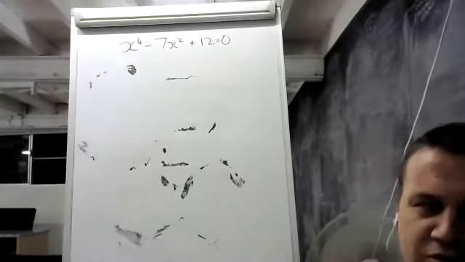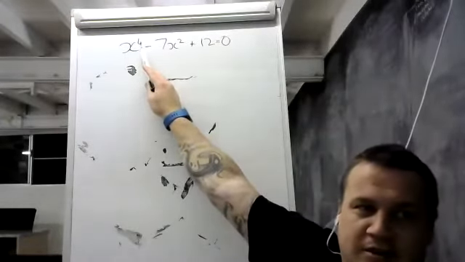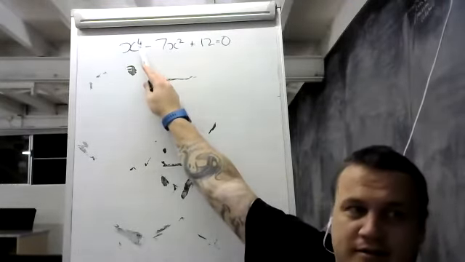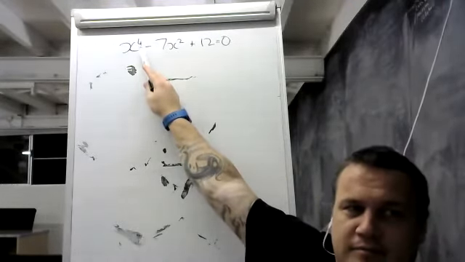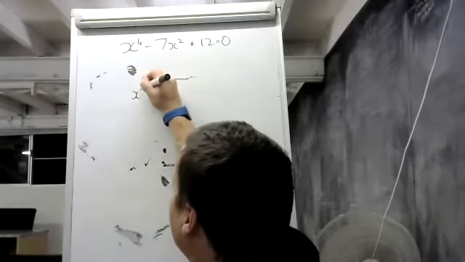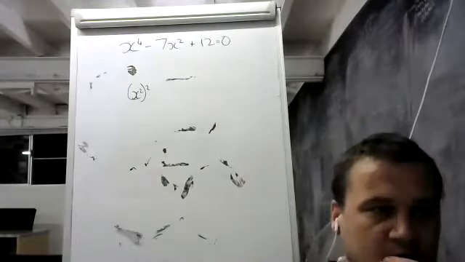So we need to reduce this because for our quadratic formula, we need to make this squared. Now this is just equal to x squared to the power of 2, isn't it?